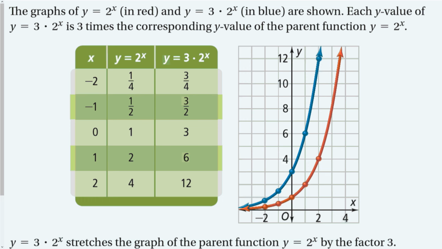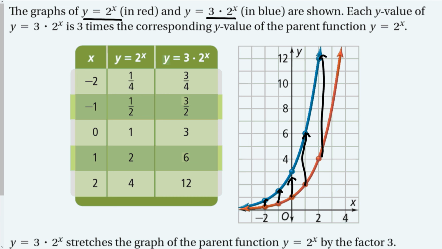If we look at this as the parent function, the red one, and then we look at this function, 3 times 2 to the x power, in blue, you can see that each dot has been stretched. It is further, and it's not translated.